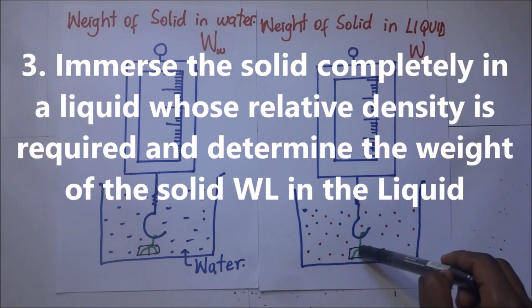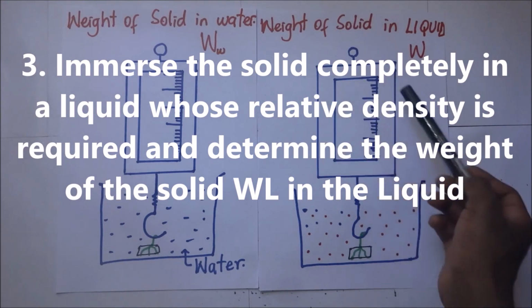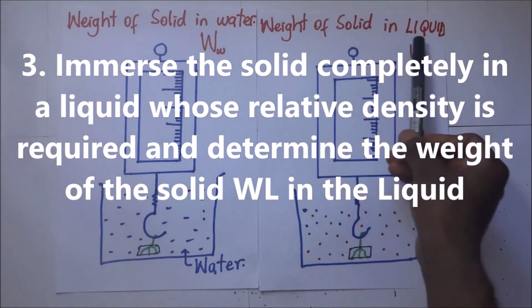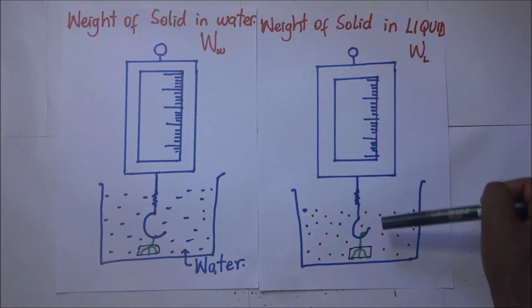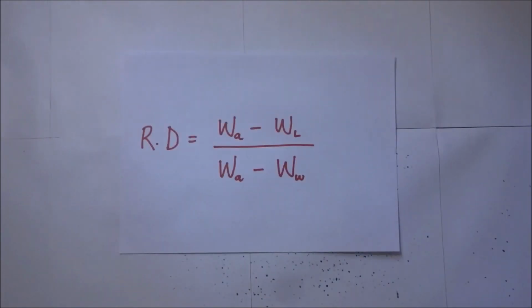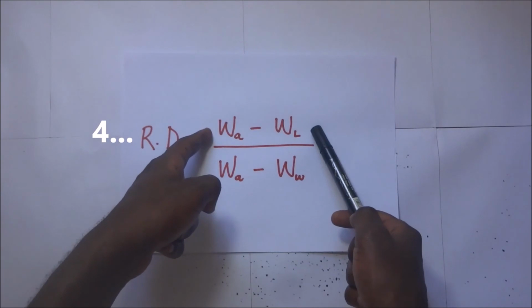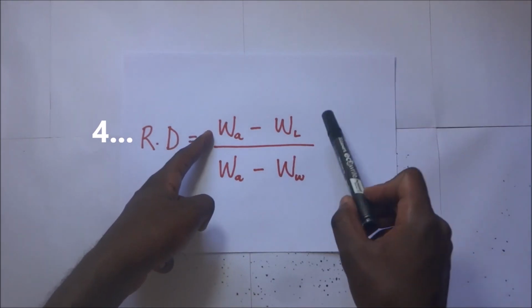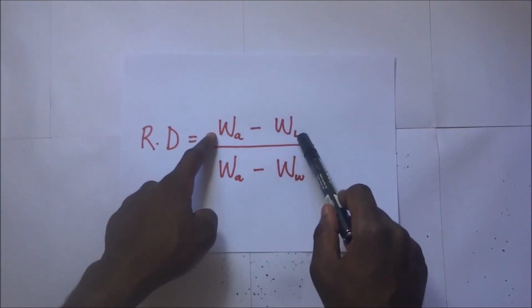We completely immerse the solid in the liquid whose density we want. We take readings from the spring balance and we record the weight of the solid when it is completely immersed in the liquid. Upon doing that, we're able to find the relative density by finding the apparent loss of weight of the solid when it was immersed in the liquid, which is weight in air minus weight in liquid.